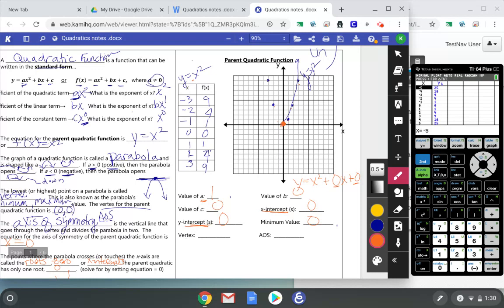The vertex is, well, where is that curving and going back up? Again, that's at this point. So that vertex would be 0, 0. And the axis of symmetry, where's that line that's cutting right through the middle of the graph? In this case, it is x equals 0. And remember, axis of symmetry is always that vertical line that cuts through the vertex.